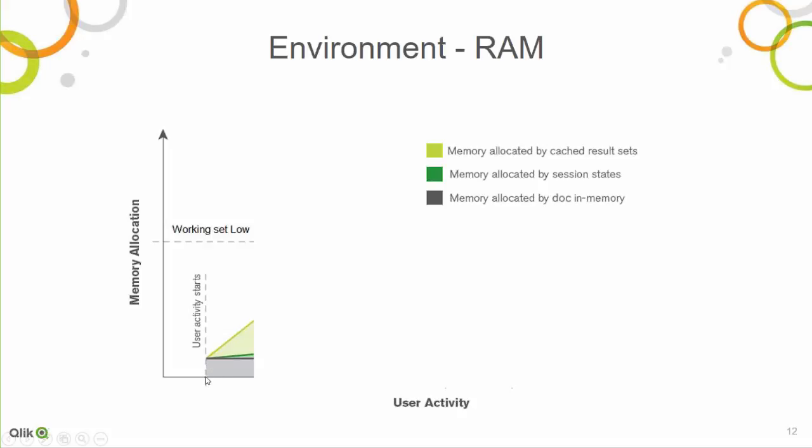Starting from this point, this is a timeline. Starting from this point, we can see more users coming into this picture. By the way, for the legend, the black color is the memory taken by the app data model, the dark green color is the memory allocated for the session state, and the light green color is the cache memory.